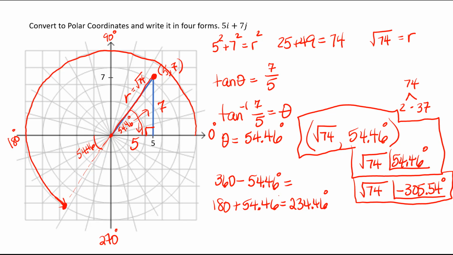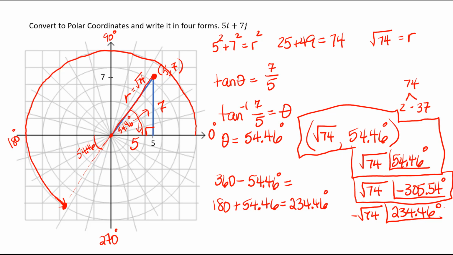So for this one, you would write negative square root of 74, 234.46 degrees. So that is just another way to get there.